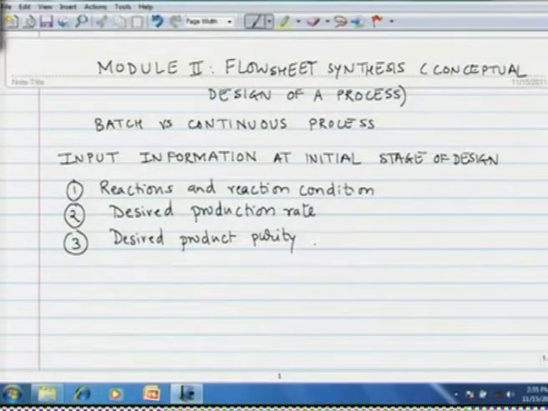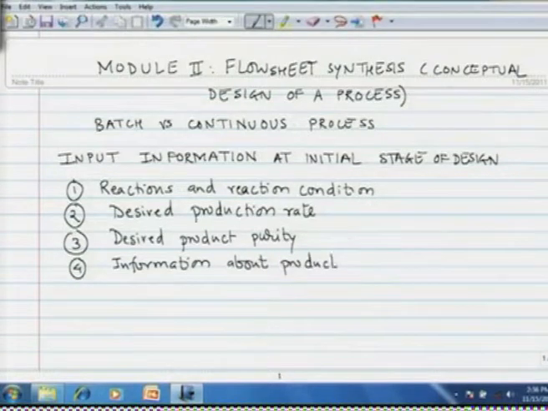The fourth information is information about product value versus purity. Then the next information that is required is the reaction kinetics or rate of reaction.